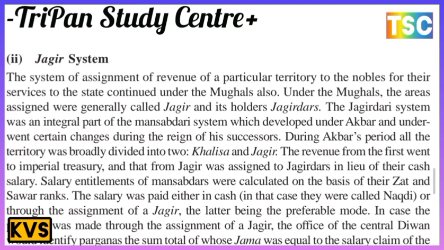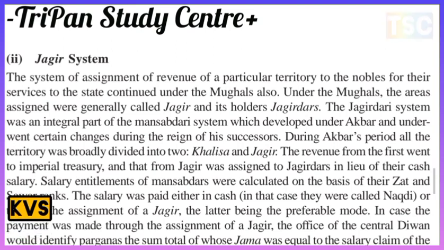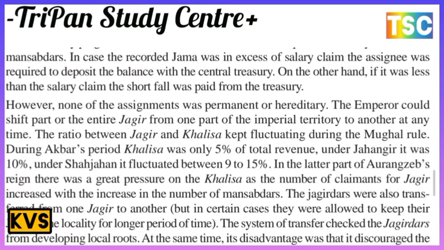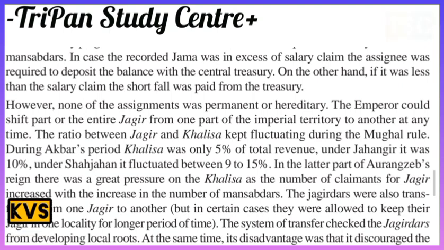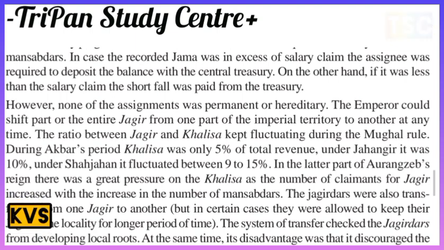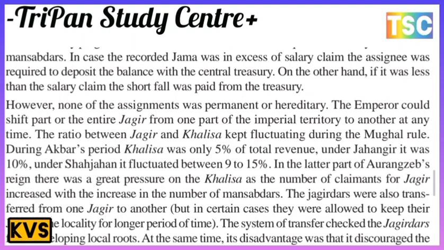In case payment was made through the assignment of a Jagir, the office of the central Diwan would identify a paragana, where the sum total of the Jama was equal to the salary claim of the Mansabdar. If the recorded Jama was in excess of the salary claim, the Jagirdar was required to deposit the balance with the central treasurer, and on the other hand, if the Jama was less than the salary claim, the shortfall was paid from the treasury.